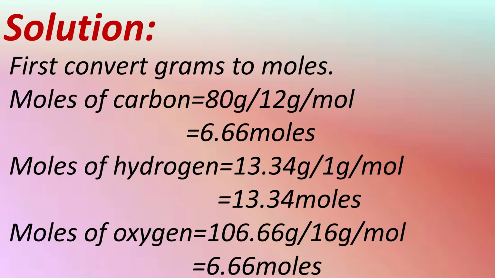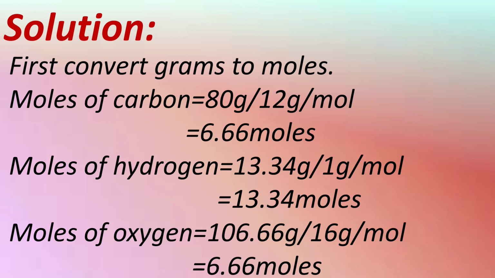Solution. First we will convert grams to moles. Moles of carbon is equal to mass of carbon 80 gram divided by atomic weight of carbon 12 gram per mole. The answer appears 6.66 moles. Now moles of hydrogen is equal to 13.34 gram divided by atomic weight of hydrogen, that is 1 gram per mole.